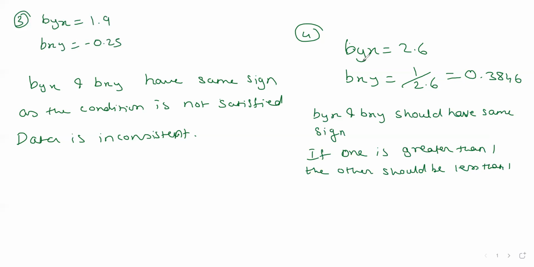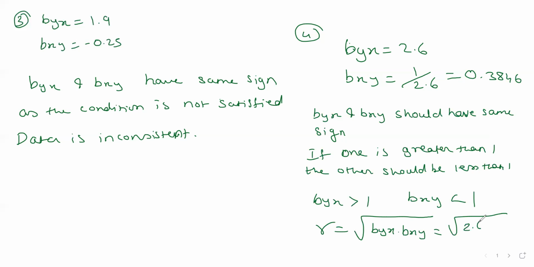That is also satisfied here. byx is greater than 1, so bxy is less than 1, and r is under root byx into bxy, that is 2.6 into 1 upon 2.6, that is under root 1. So your answer is 1.